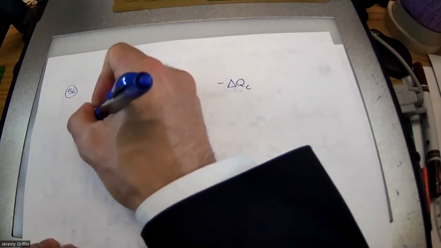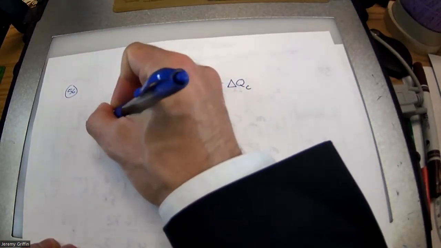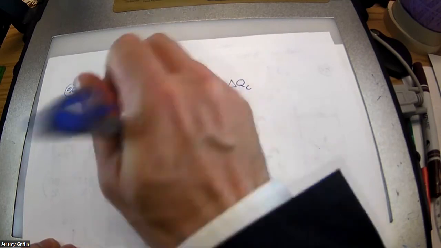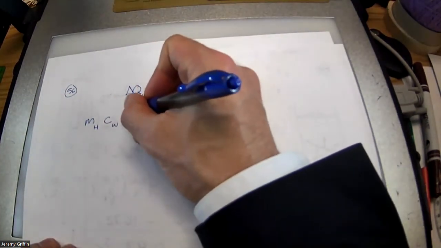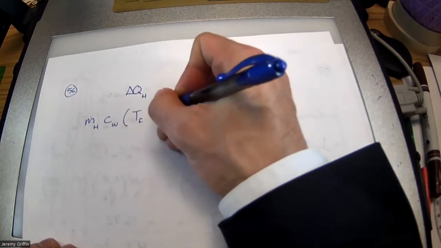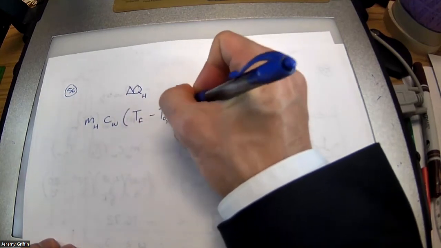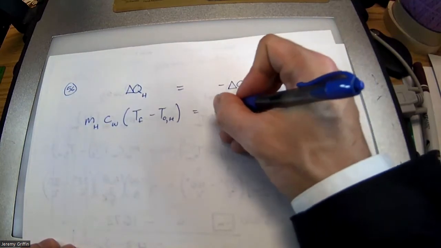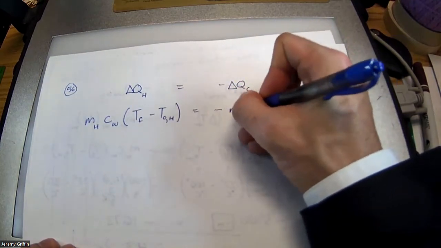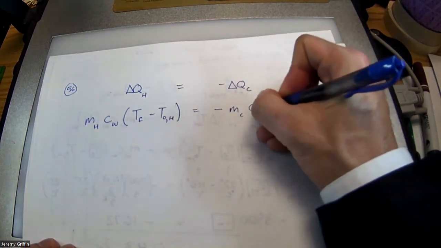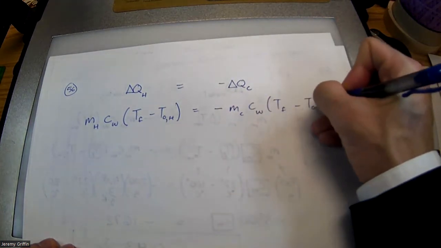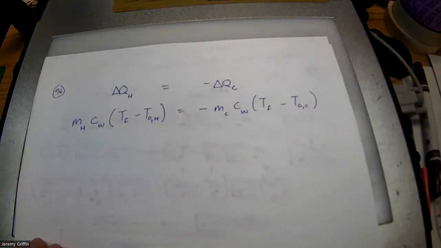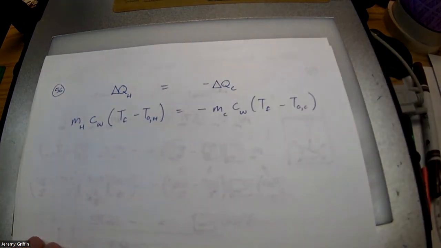So it's going to be mass of the hot water times specific heat of water, because it's just water, times temperature final minus temperature initial of the hot water, is equal to negative mass of the cold water times specific heat capacity of water times temperature final minus temperature initial of the cold water. MC delta T, is that okay?